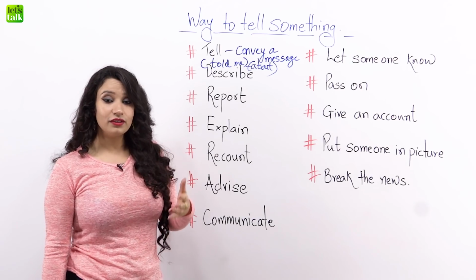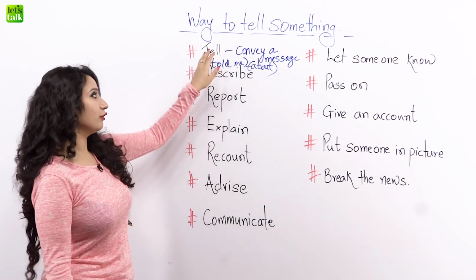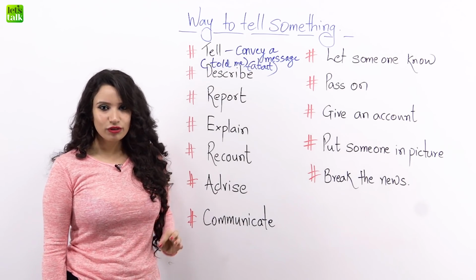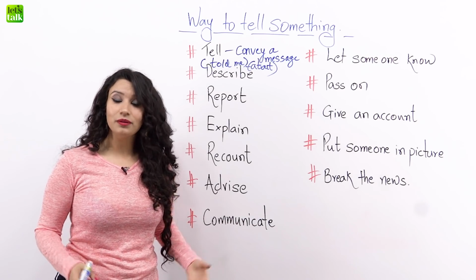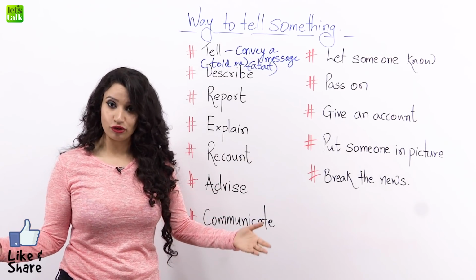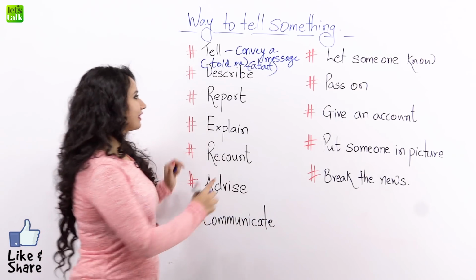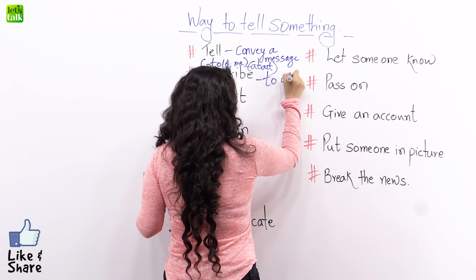So the first thing that you need to understand is how is describing different from telling? Can you tell me an answer for that? So describing is also telling something, obviously, but with much more information, which means with a lot of detail. So describing is to add detail.